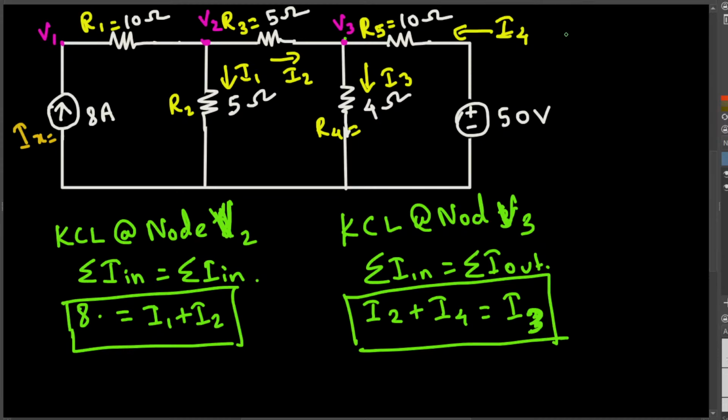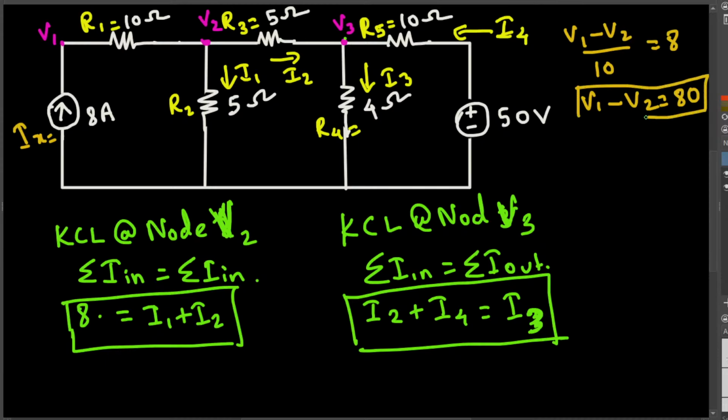So we are going to have V1 minus V2 divided by 10, that is equivalent to 8 ampere. This is one of the relations we can make, and therefore V1 minus V2 is equal to 80.